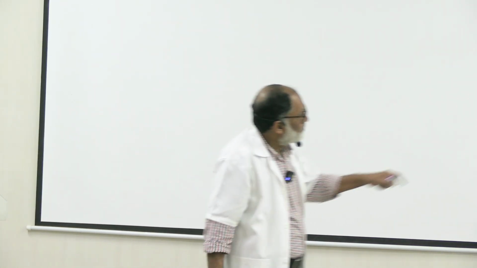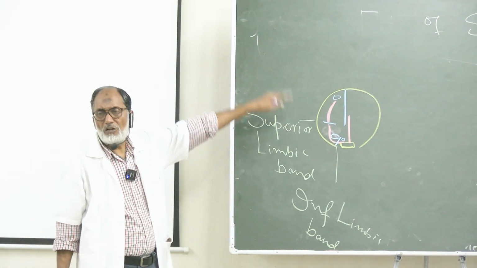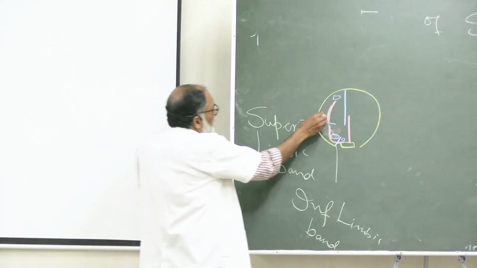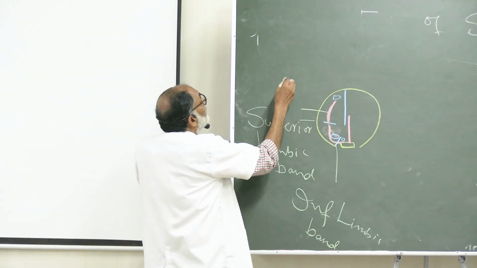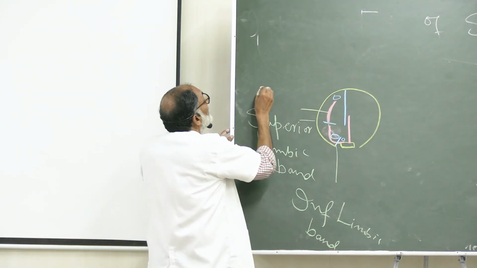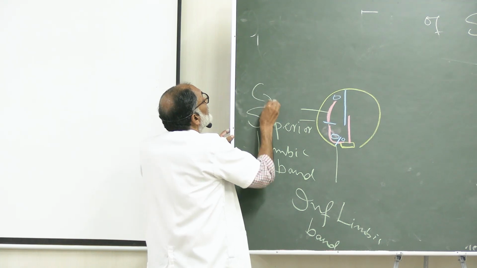That crista terminalis is developed from the upper part of the right venous valve.